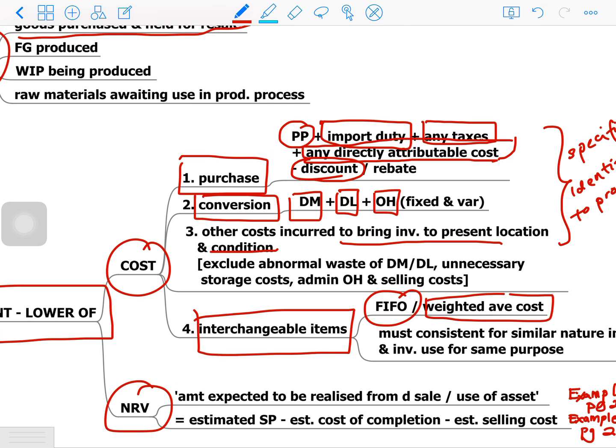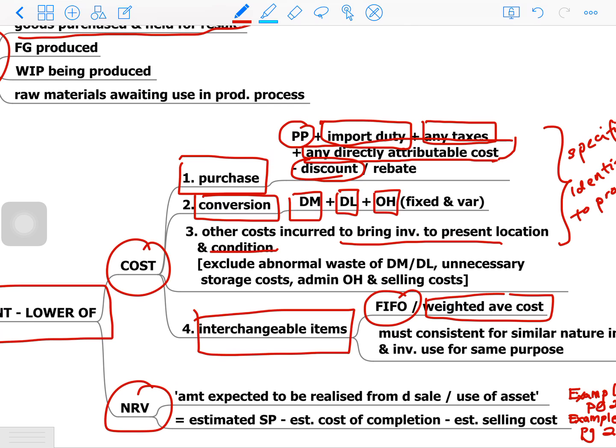Cost tu bermaksud the purchase price plus import duties, taxes, any directly attributable cost, less discount or rebate. And it also include for manufactured goods, conversion cost, which is direct material, direct labor, and overhead. And it also include other costs incurred to bring the inventory to present location and condition ready for sale.